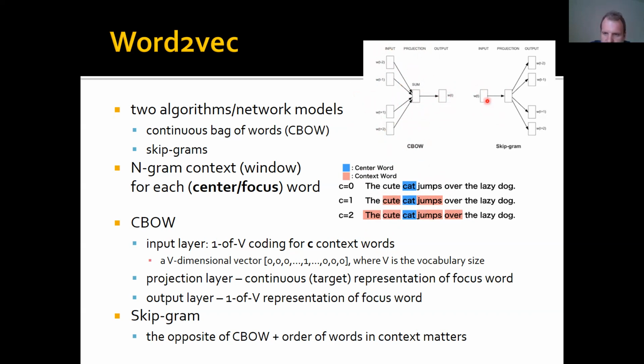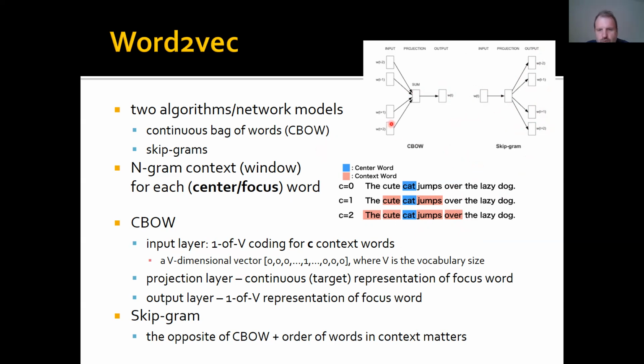We can also do the opposite, and predict the context from the focus word. So this is completely the opposite: we put cat on input and predict the context, and again, backpropagation. Both of the representations have different properties.